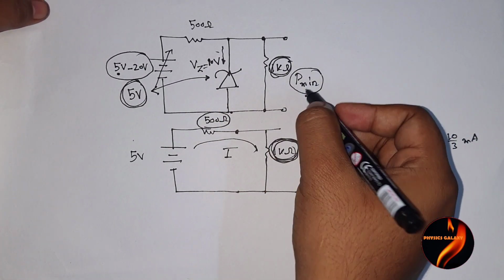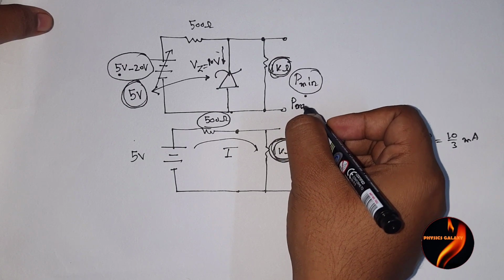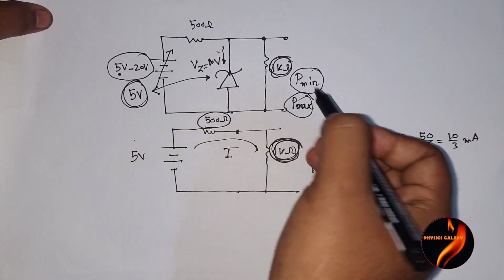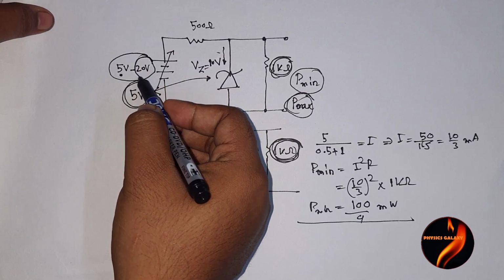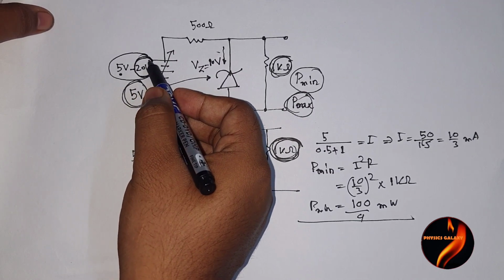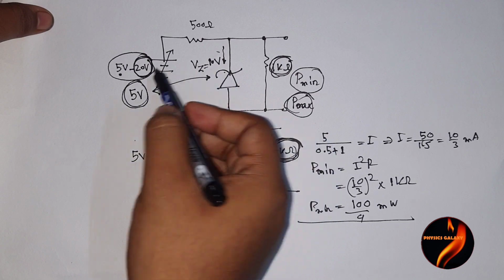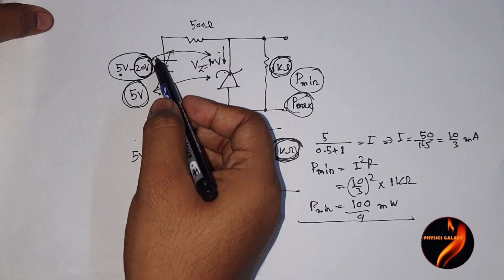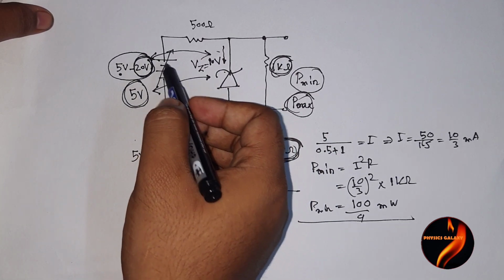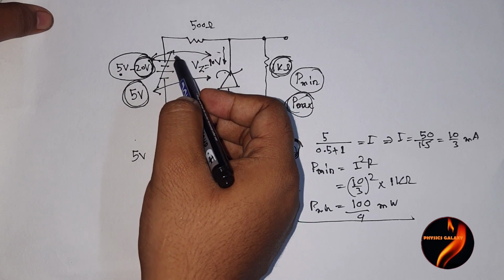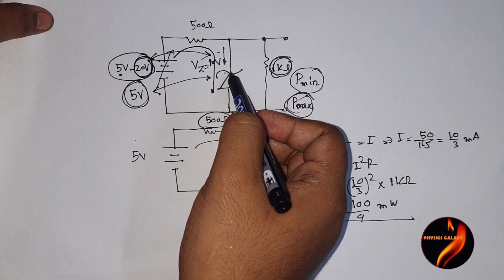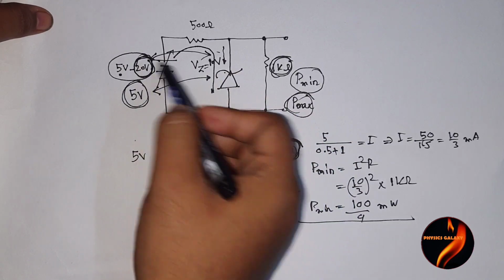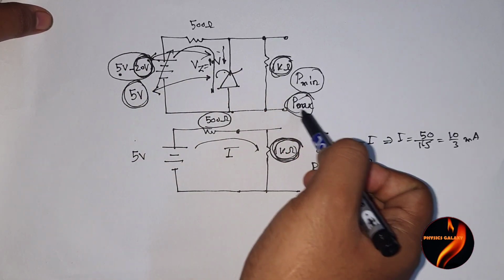Now we have to find out the maximum power dissipated across the load. Maximum power will be dissipated when the input voltage is maximum. Here the input voltage is 20 volt and it is greater than the Zener voltage. From this diagram we can say that in this condition current passes through the Zener diode. So the Zener diode is activated when maximum power is dissipated across the load.